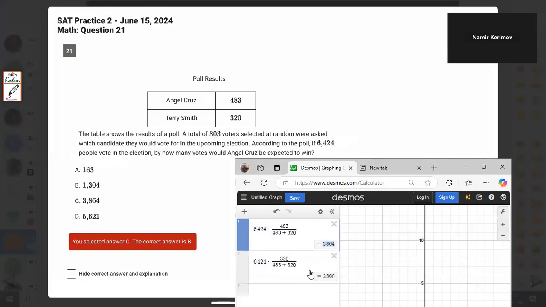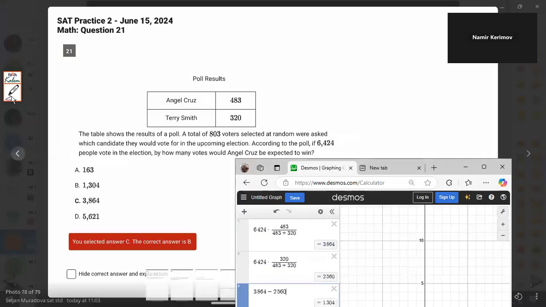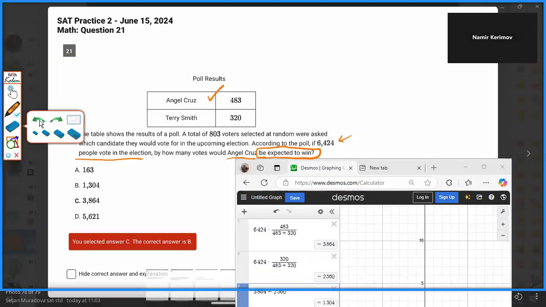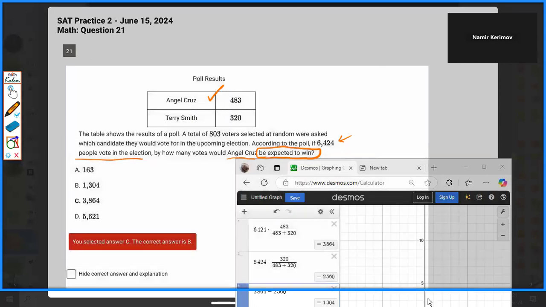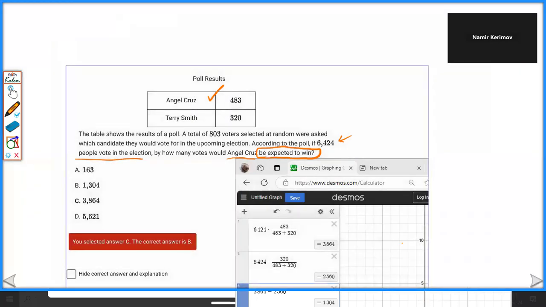So the question is expected to win by. So 483 minus 320, which is 163, divided by 803, equals x over 6,424. Like we can do that. Can you repeat it again? Okay, so you get the difference, 483 minus 320.